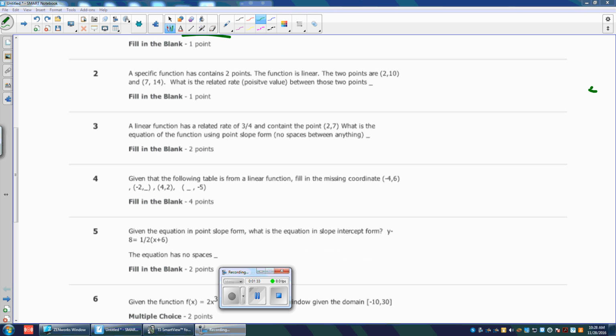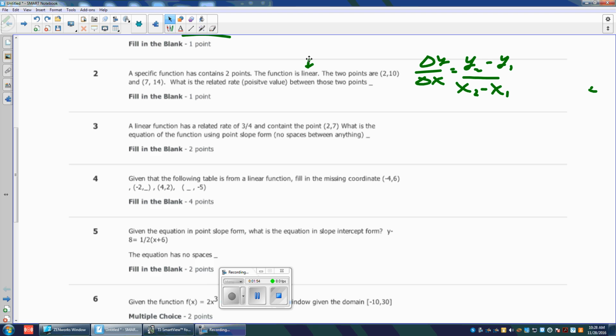Number 2, a specific function contains 2 points. The function is linear. If you didn't know it was linear, you wouldn't be able to do the related rate. Okay, the 2 points are 2, 10 and 7, 14. So again, that's delta y over delta x, which is y2 minus y1 over x2 minus x1.